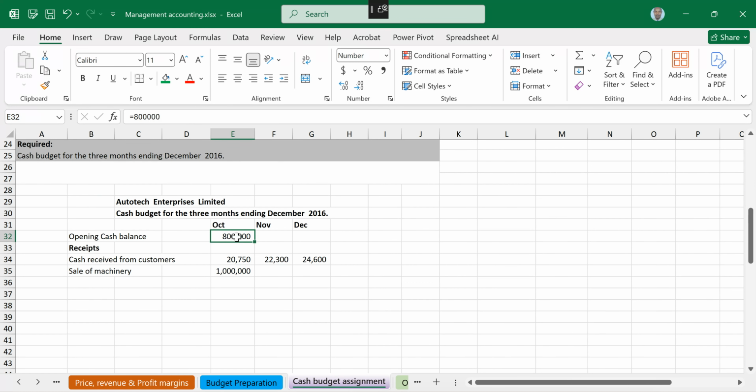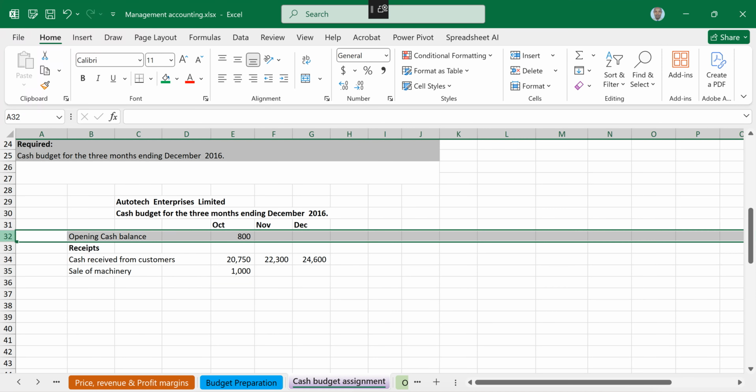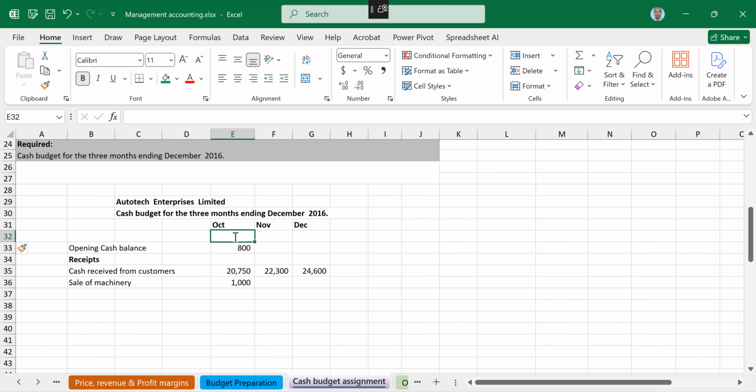So this is 800. Use 800, then use 1000. Now, sale of machinery in October is 1000.